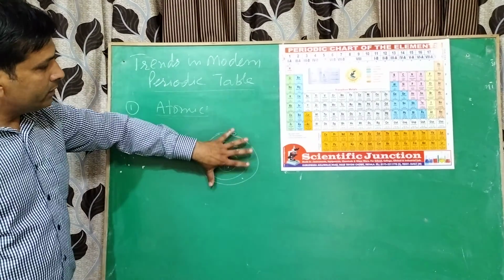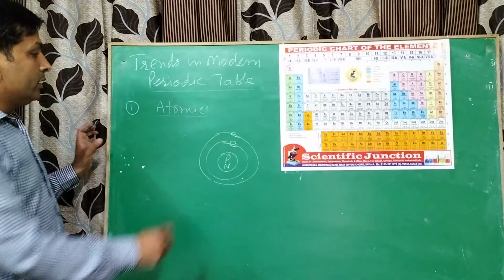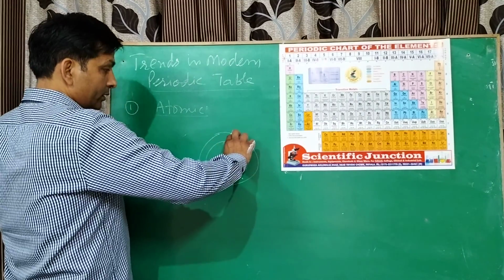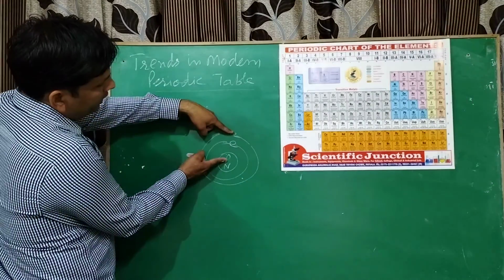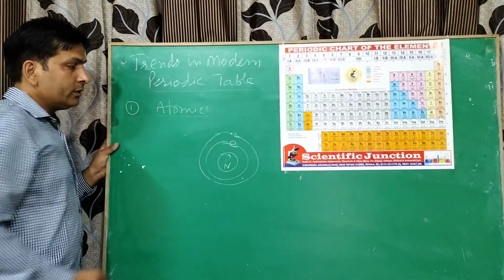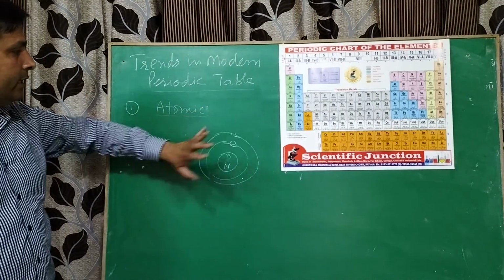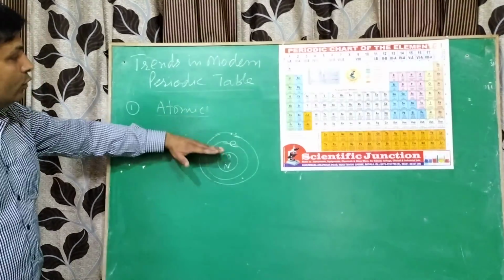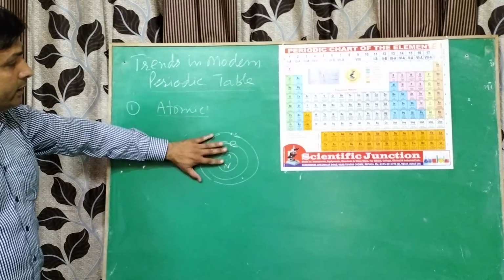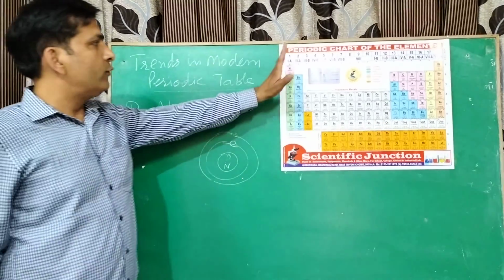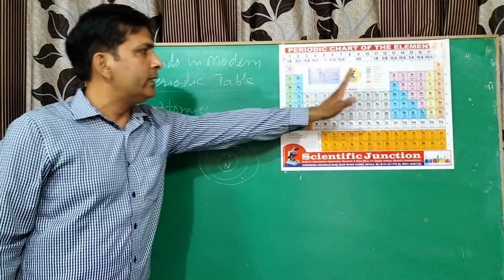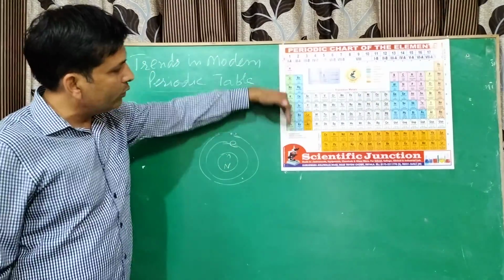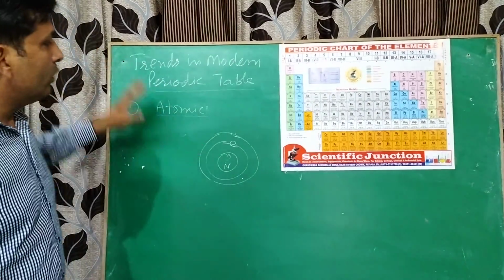This is the atomic radius: from the outermost shell to the center of the nucleus. How does this radius or atomic size change when we go from left to right in a period and from up to down in a group? This we are to understand.